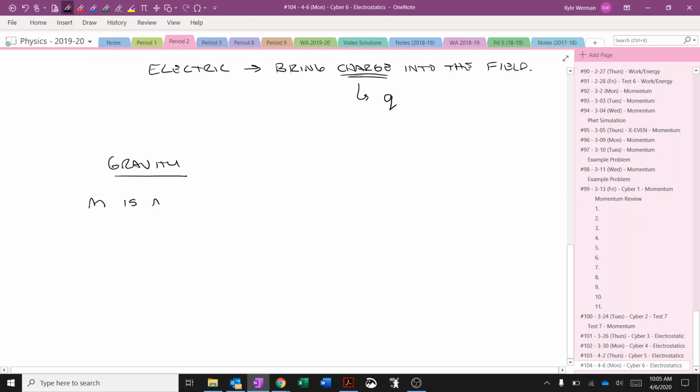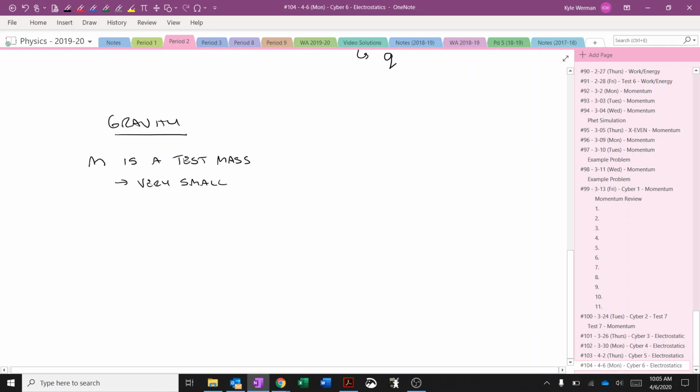M is what we would call a test mass. It's just brought in to test whether gravity exists, right? And if it's a test mass, it's so small that it doesn't have its own field. Because we know that any mass would have its own field of gravity, but we're going to bring one so small that it doesn't really affect the field we're testing.